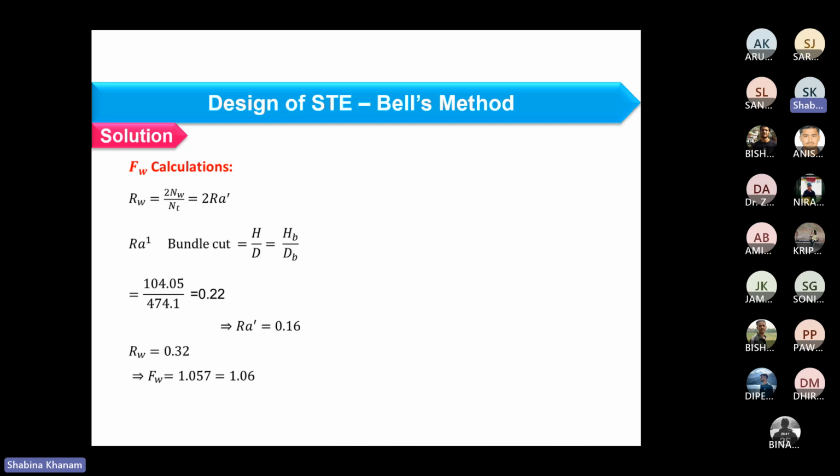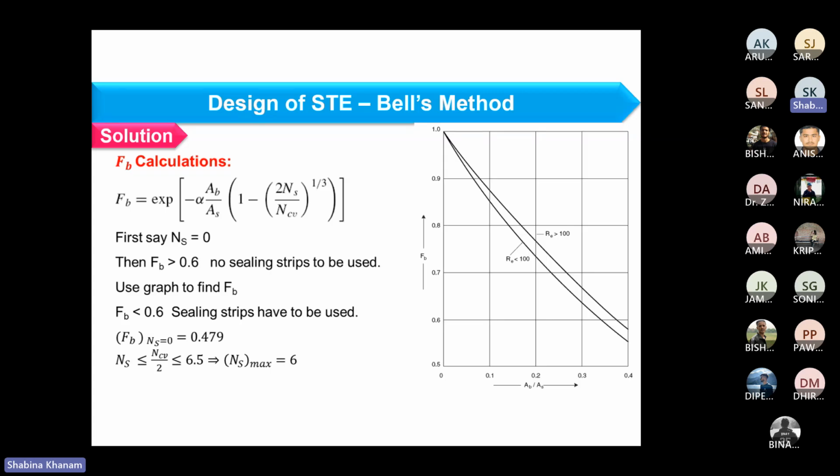Okay, now once I have this FW, we can proceed for the FB calculation, that is the bypass correction factor. Once I have this bypass correction factor, it basically accounts for stream C. Remember, in the last class we discussed stream C, that lies in the clearance between shell and bundle. The effect of this bypass stream can be somehow compensated by providing sealing strips.